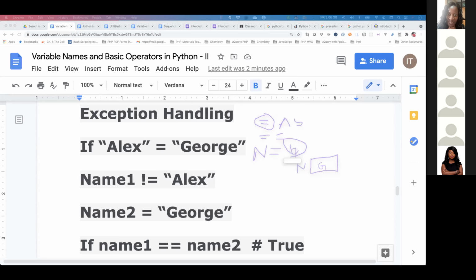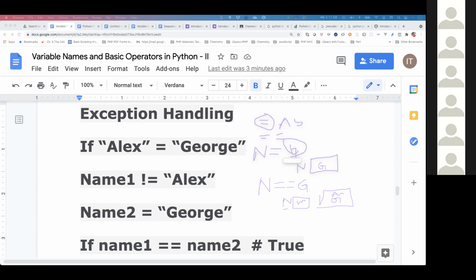So if we say N double equals G, there is a memory location called N and another memory location called G. This is like telling the CPU, go to the memory location called N, check what is inside, then go to the memory location called G, check what is inside, compare them, and give us the result true if they are the same, and false if they are not.